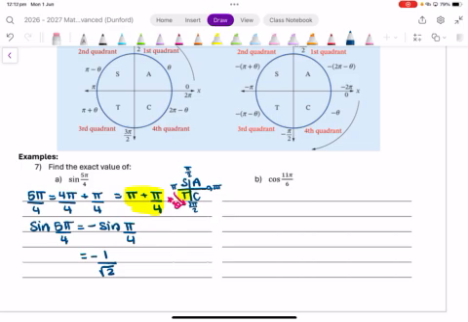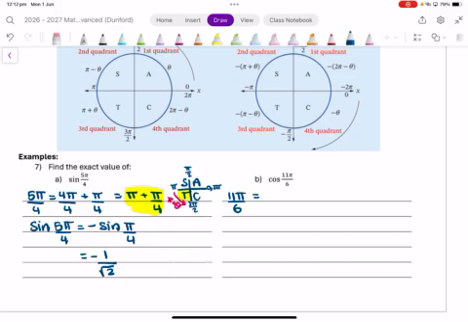Okay, our next one we have is cos 11 pi on 6. Now 11 pi on 6 is very close to 12 pi on 6, and 12 pi on 6 is the same as 2 pi.